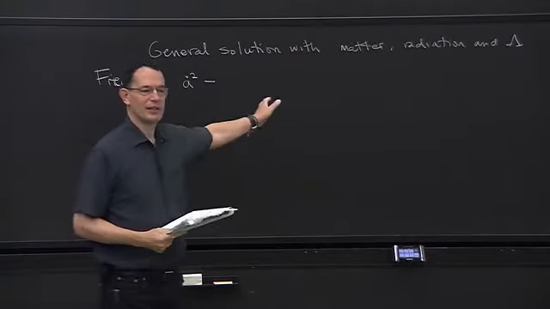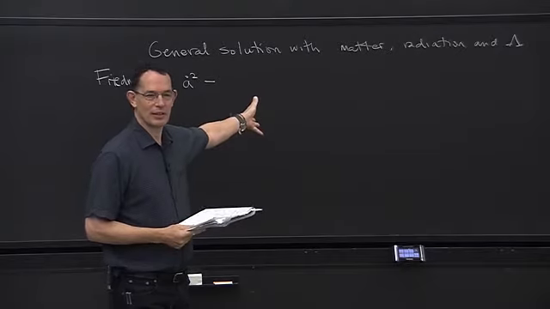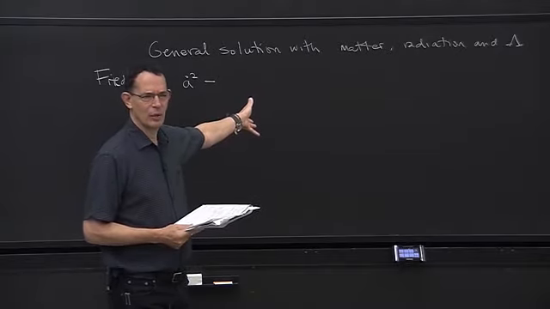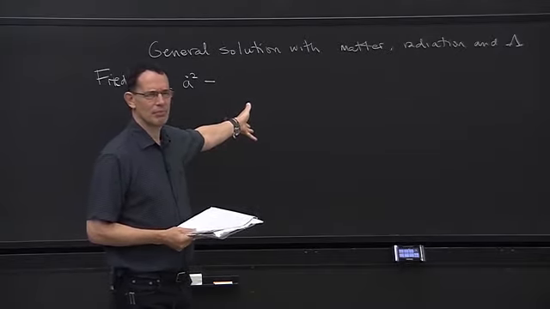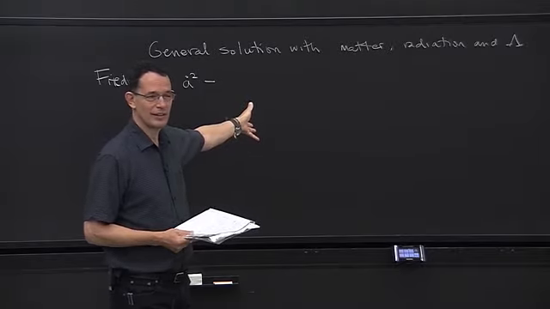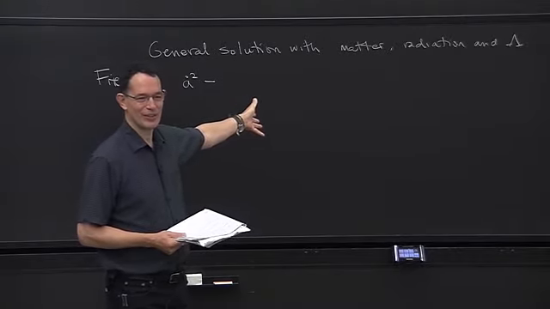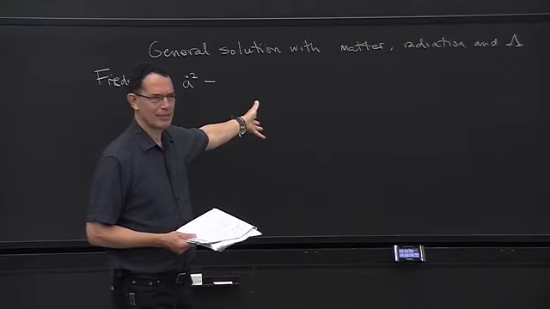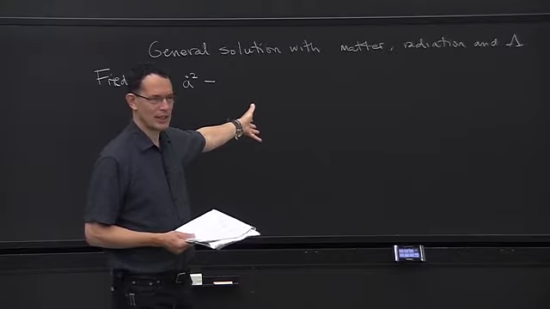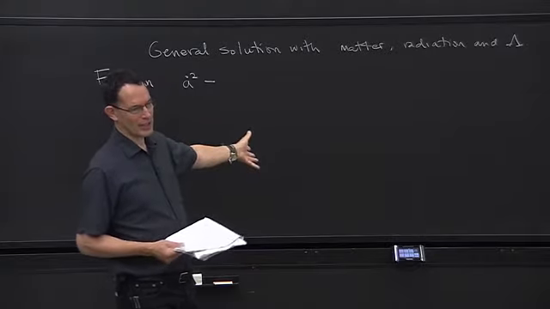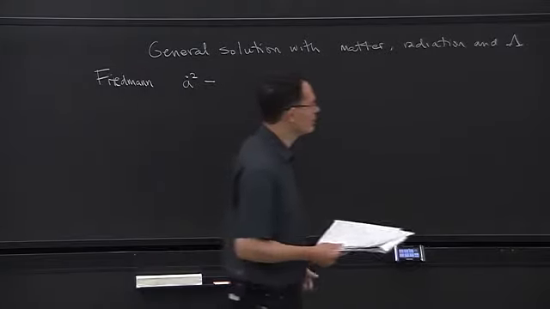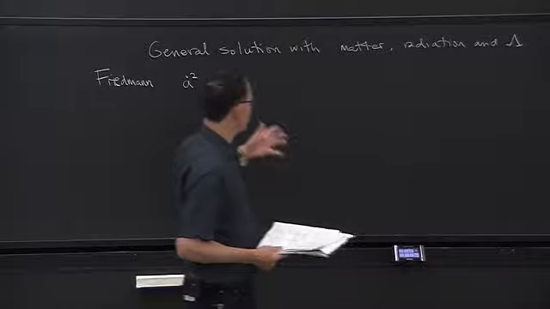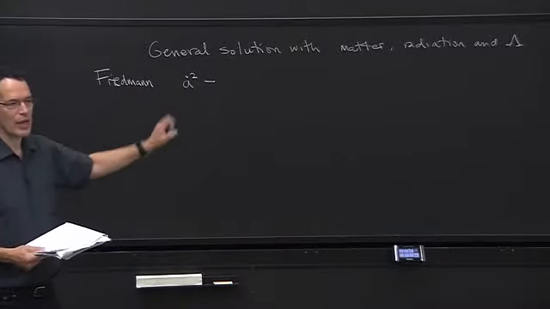By the way, Friedman, the history of this is just amazing, that Friedman was working in then Leningrad in Russia after the revolution. Very young guy. I mean, I think he was doing his PhD. And he heard about Einstein and Einstein's equations, and he thought of solving time-dependent equations.